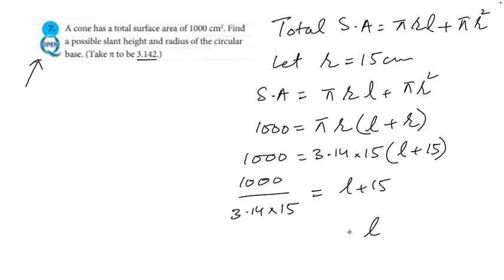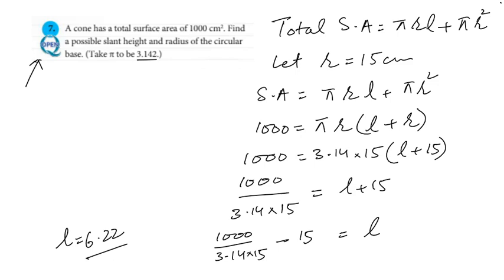And then slant height L will be equal to 1000 divided by 3.14 multiplied by 15, and the whole value minus 15. Solving this equation by using the calculator, we get L equals 6.22, correct to three significant figures.